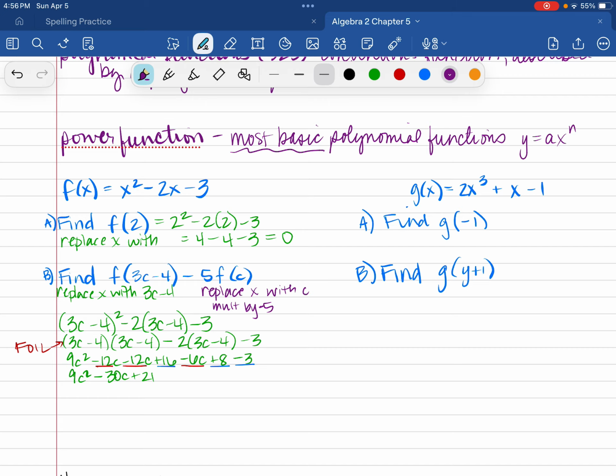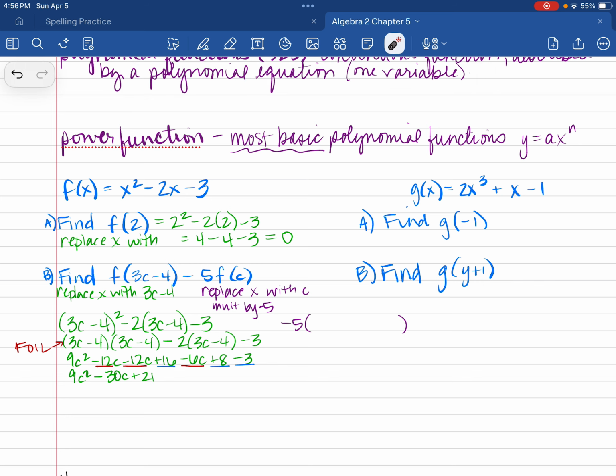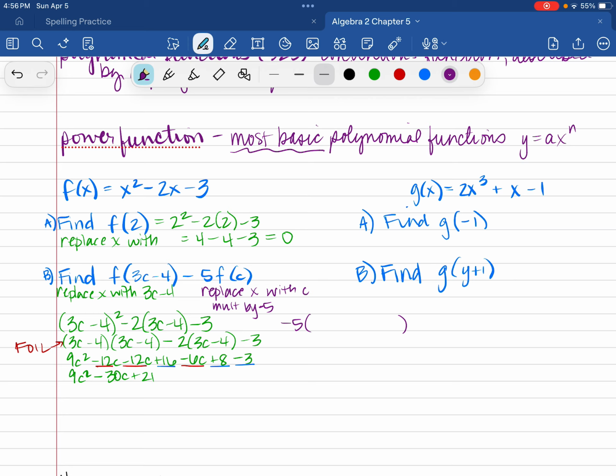Okay, so I'm going to take that negative 5, I'm going to put this outside of this parentheses. In my original function back here, I'm going to replace all of the x's with a c. So that one's fairly easy. Instead of x squared, it's just going to be c squared. And then minus 2c minus 3. And so all we have to do is distribute this negative 5 through the parentheses. I'm going to bring that down next to the green one.